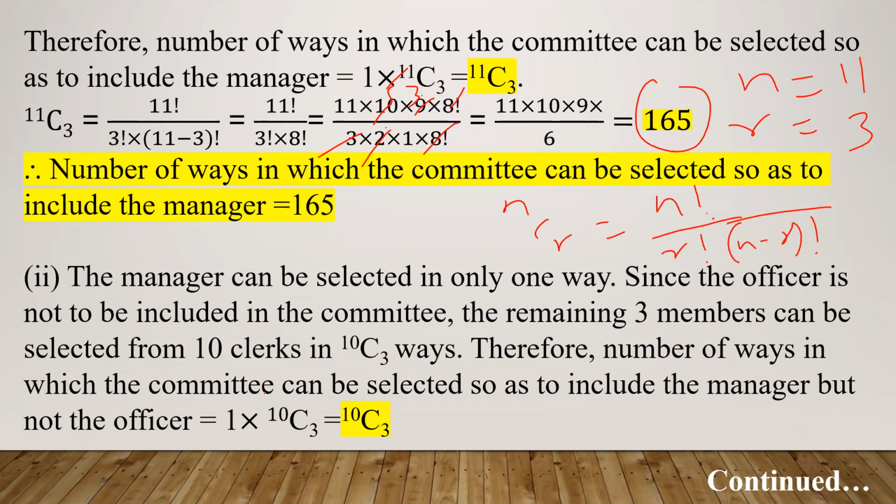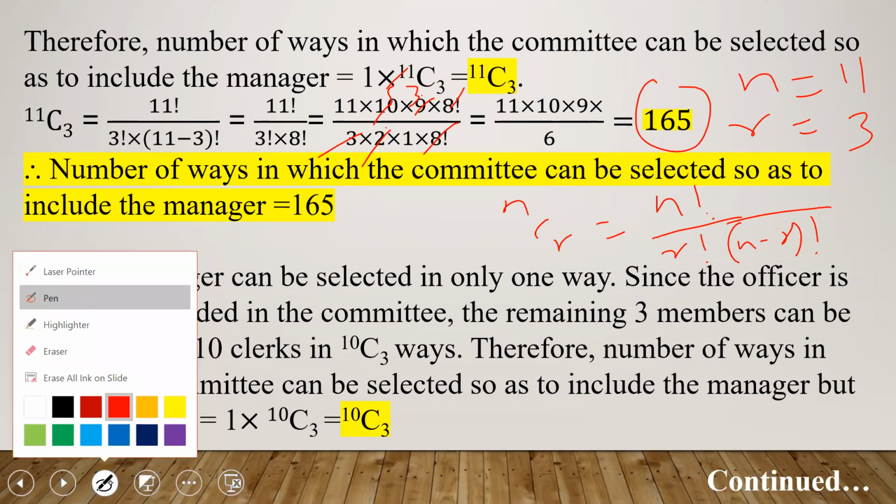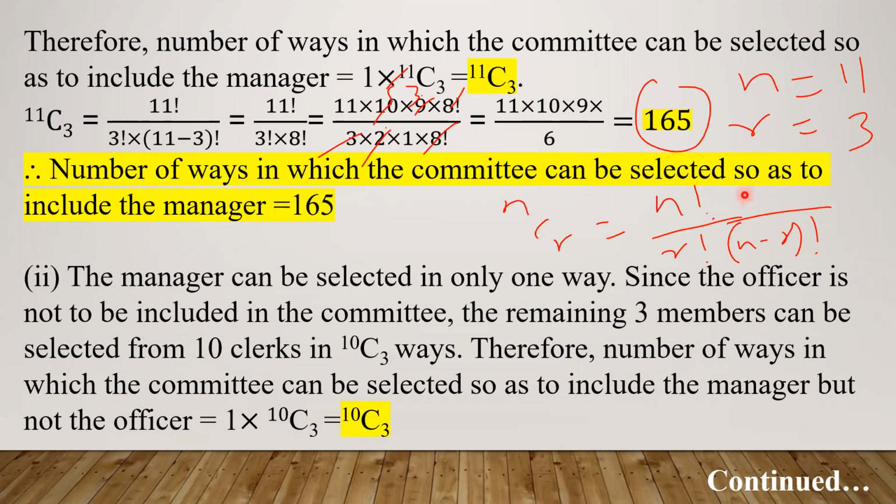Therefore, the number of ways in which the committee can be selected so as to include the manager will be 165. So you can form 165 different committees containing 4 people from the department where the manager has to be there. Okay. Let us see the next question.